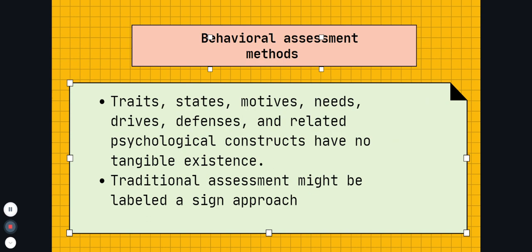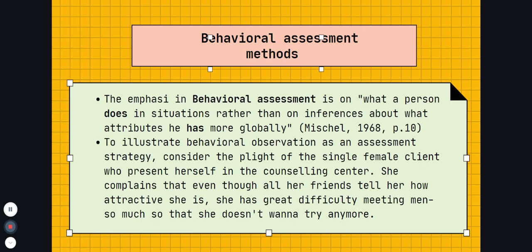So in contrast to this traditional approach is an alternative philosophy of assessment that may be termed the sample approach. So the sample approach focuses on the behavior itself. So the emphasis in behavioral assessment is on what a person does in situations rather than on inferences about what attributes he has more globally.